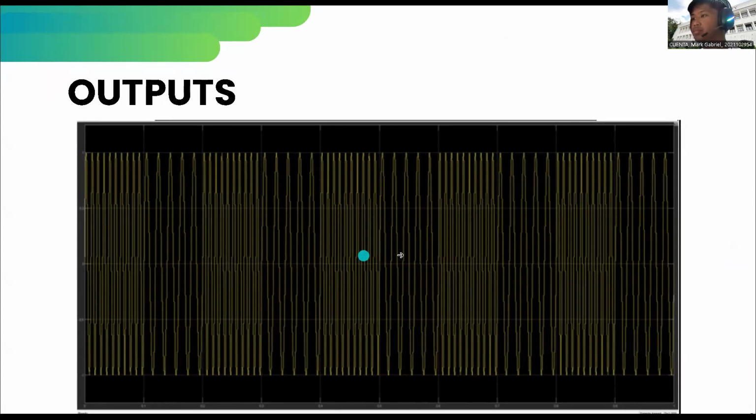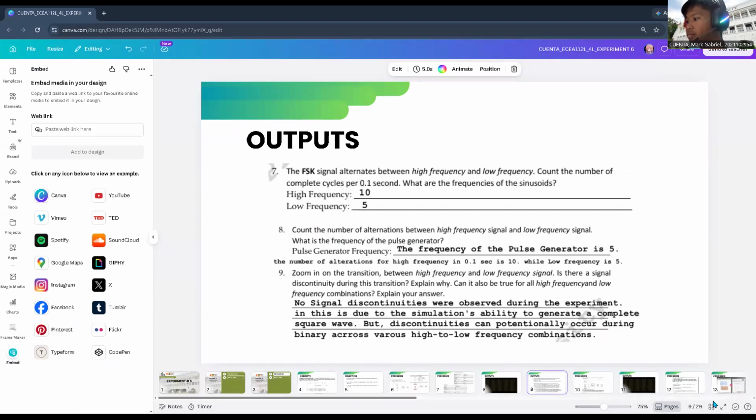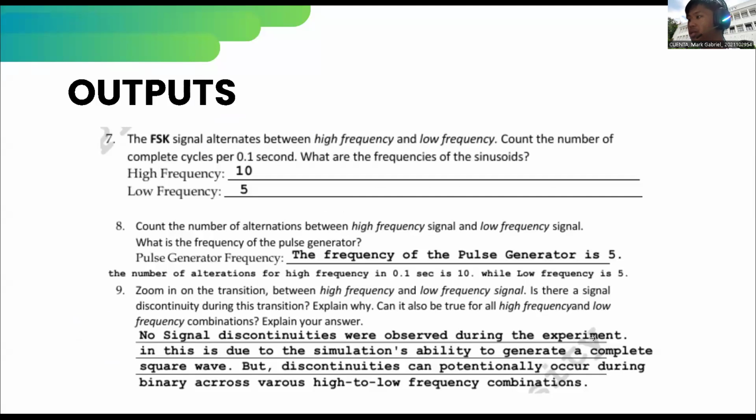Moving on to the output. The output results further show the relationship between the digital input and the transmitted carrier frequency, wherein the higher frequency corresponds to logic 1 and the lower frequency corresponds to logic 0.